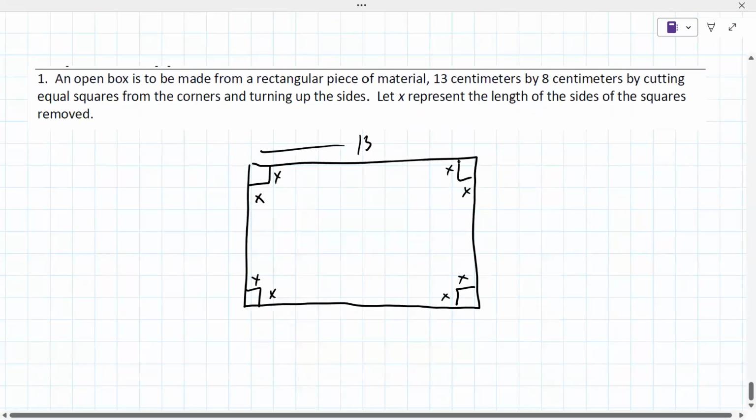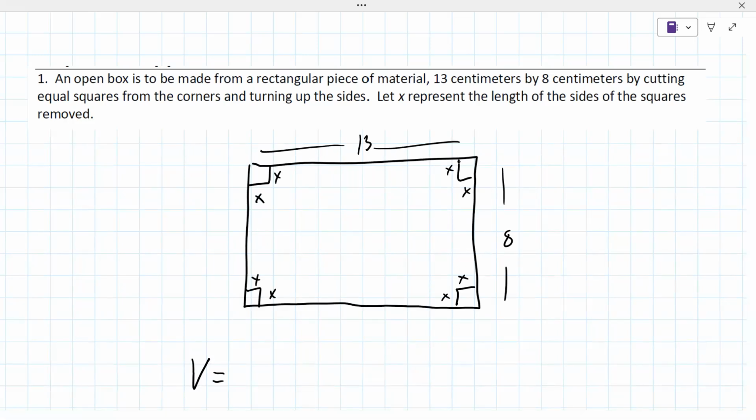This is 13. This is 8. Could you come up with a formula for the volume of this, or at least of an open box? And we don't know the height. The height is the corners that you're cutting out.